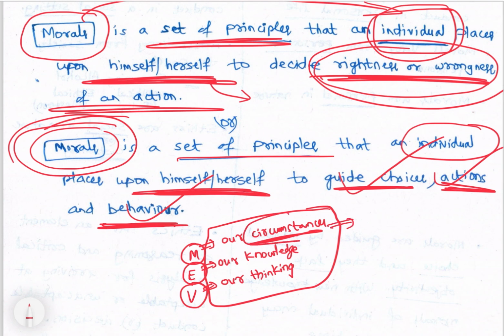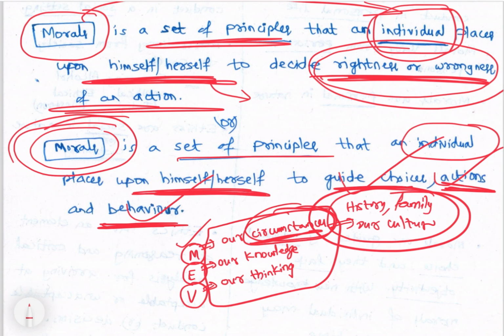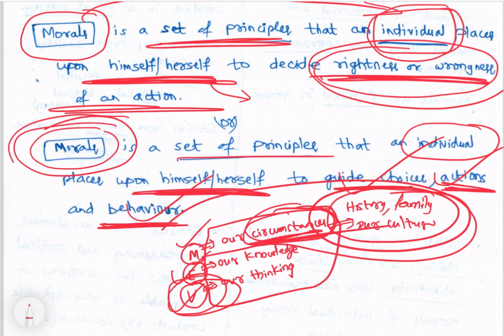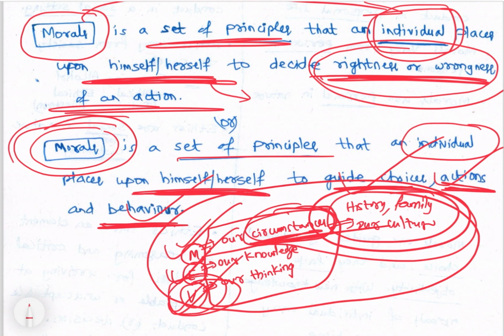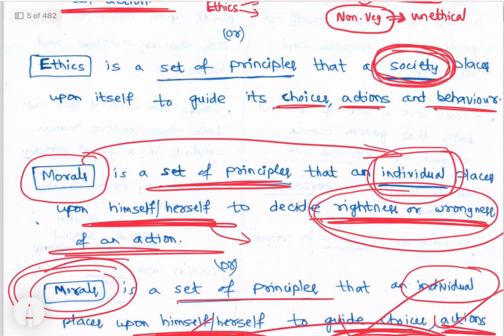So based on our circumstances, based on our history, based on our culture, based on our family, all these define what is moral, what is ethical and what we value. We see values also in this class. So all these determine our morals, our ethics and our values. Okay, so that is morals and ethics.